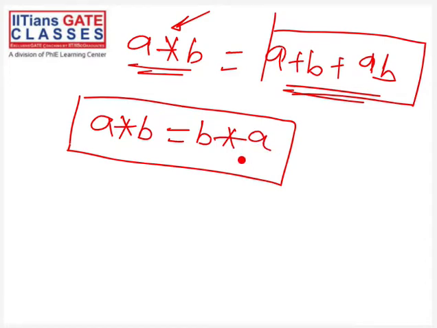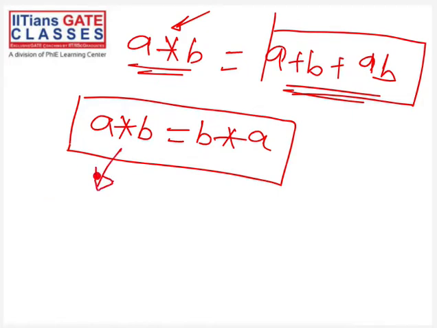Because when you check for specific values like 2 comma 3, you can be sure that for those specific values your property will hold, but you cannot say that for all values it will hold. That's why always check for variables, because these variables can be replaced with any values. If the property holds for variables, then it will hold for all values.